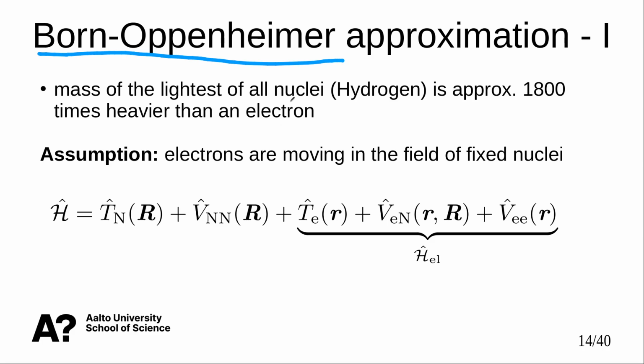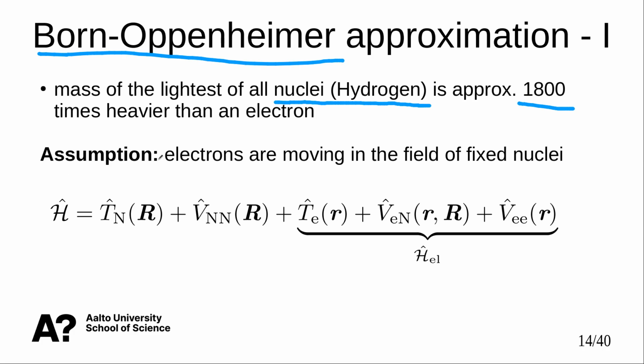For the lightest core we can imagine, the hydrogen, the weight difference between the hydrogen core and its electron is approximately 1,800, and that number increases, right? For carbon, for example, an electron is 20,000 times lighter than the carbon nuclei.